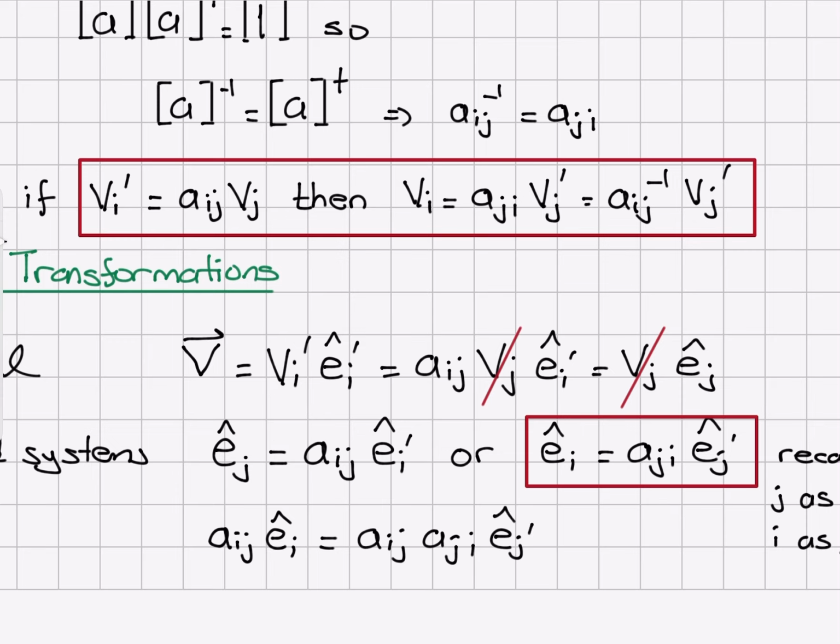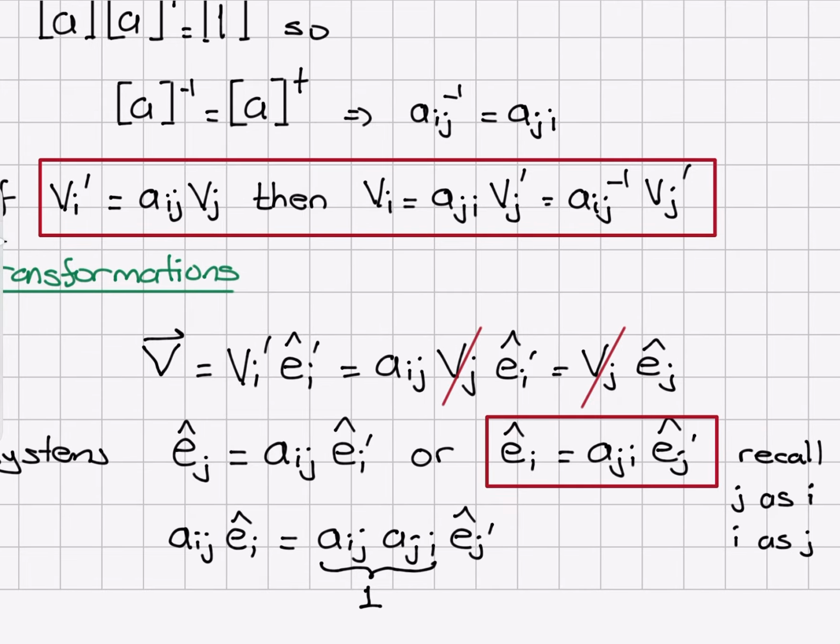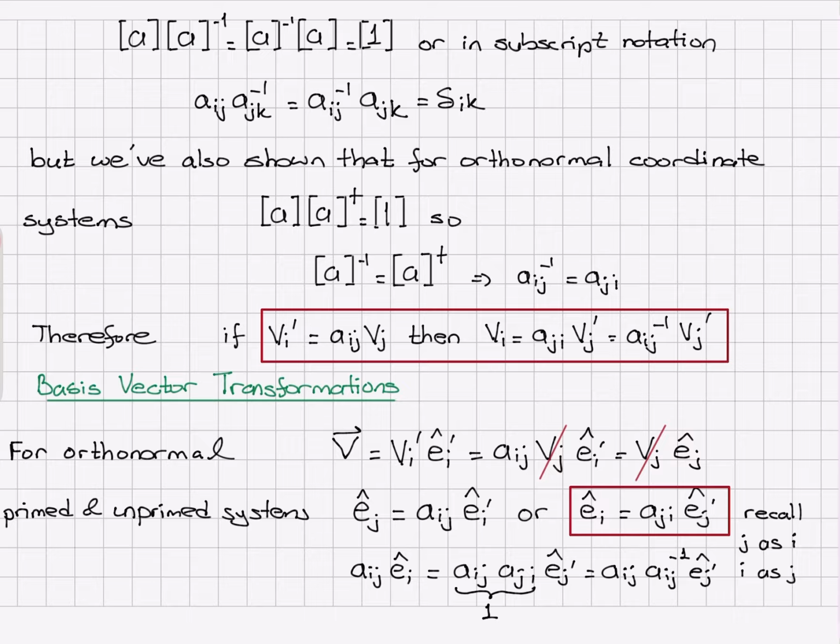Now a_ij a_ji, that's the matrix A multiplied by its transpose. This is equal to 1, the Kronecker delta_ii. That's what I obtain. So I find that because this is a_ij and a_ij inverse, which is a_ji, e_j' hat. So this implies I can now write e_j' hat as a_ij e_i hat.